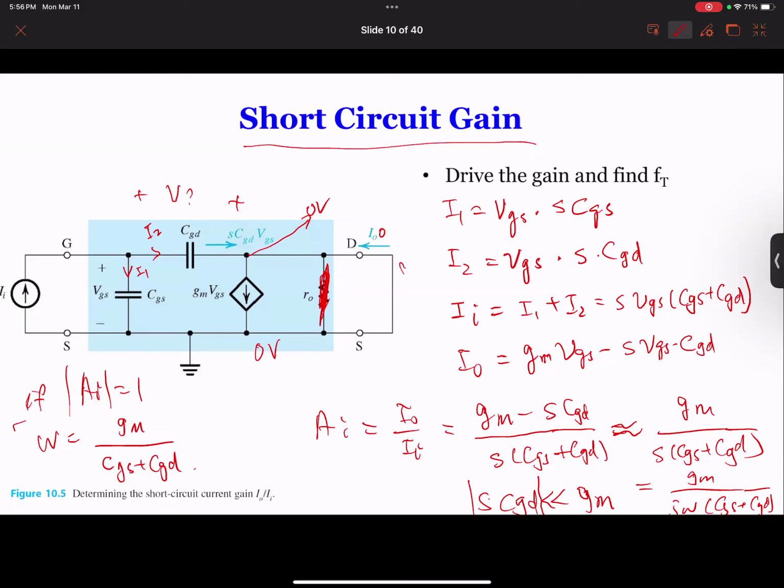So if we get this, our unit gain is 1. Basically our circuit has a unit gain of 1.